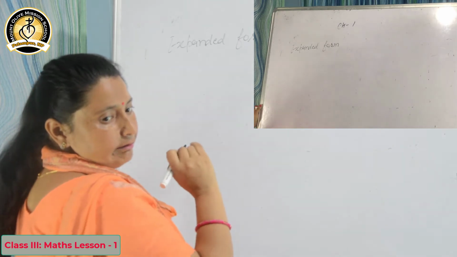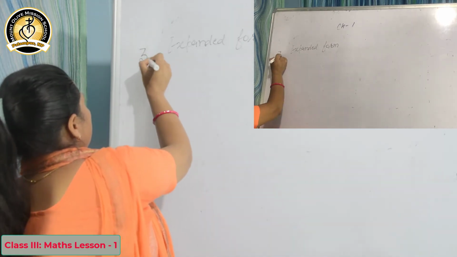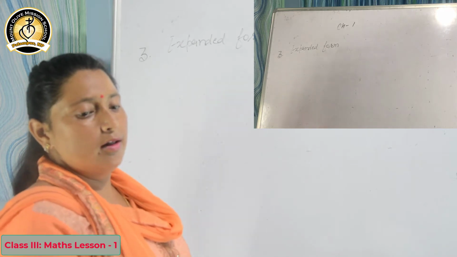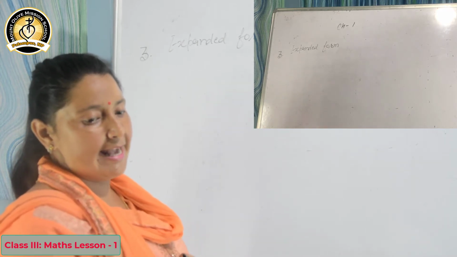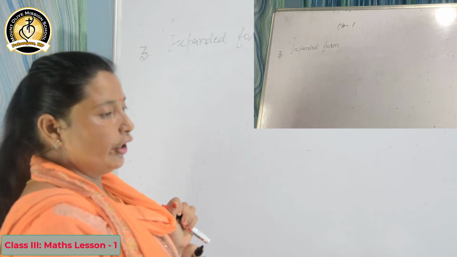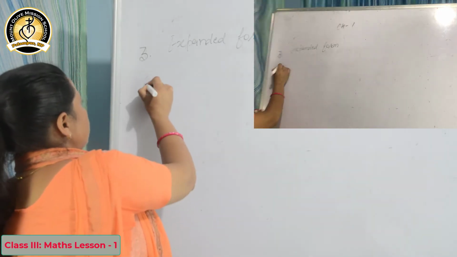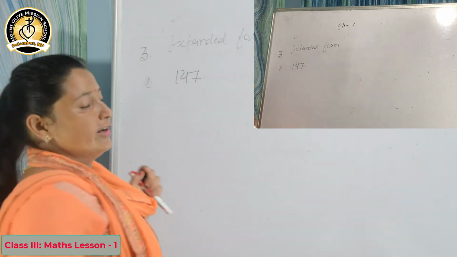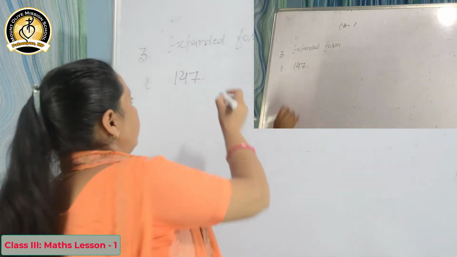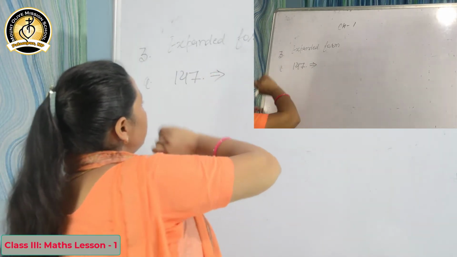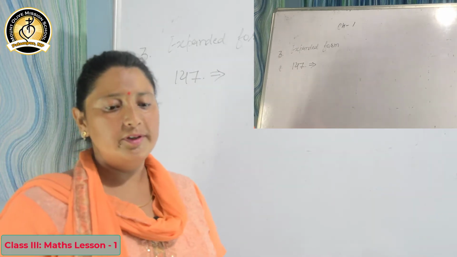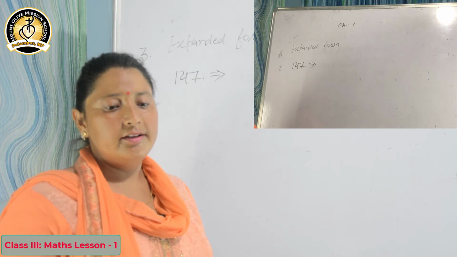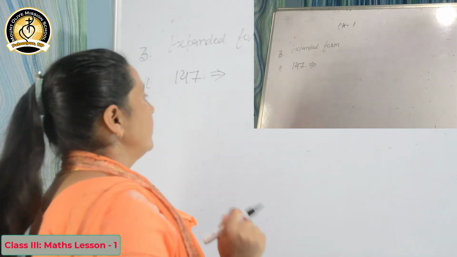Our first question, part A, is 147. How do we write it in expanded form? Try to solve.